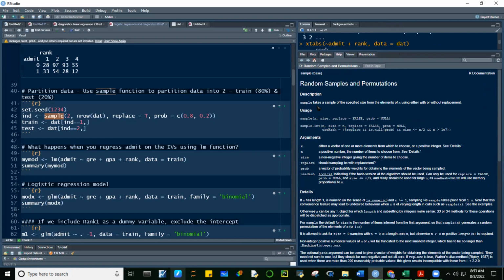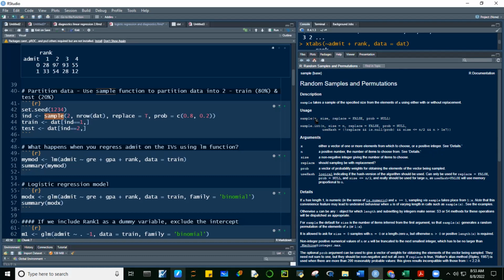So what does this do? Sample takes a sample of the specified size from the elements of X using either with or without replacement. So this is the syntax. Sample, X. What's X? A vector of one or more elements from which to choose, or a positive integer.